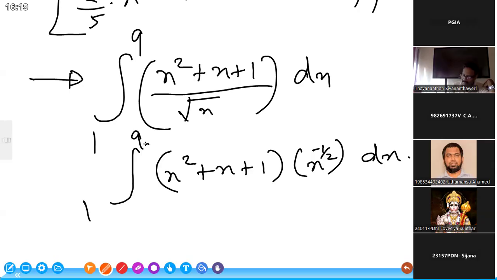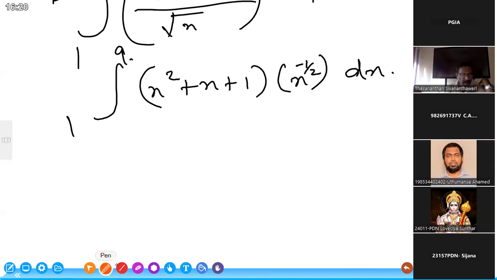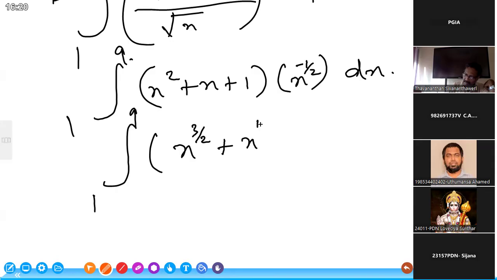Now you can integrate that function in a normal way. Before that, we multiply: x to the power 3 by 2, plus x to the power half, plus x to the power minus half.